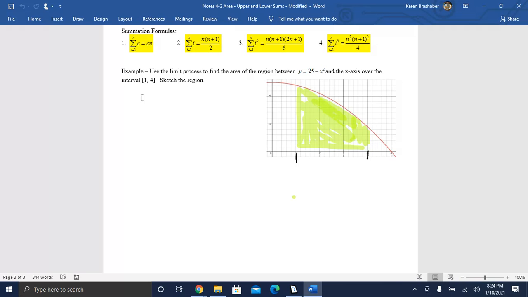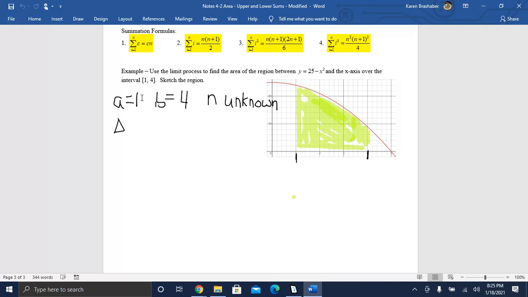So we have our A, which is 1. We have our B, which is 4. And our number of rectangles, n, is unknown. Now, I'm going to encourage you that even though I have given you a whole page, that you write small, because you will use this entire page to do your algebra for this.